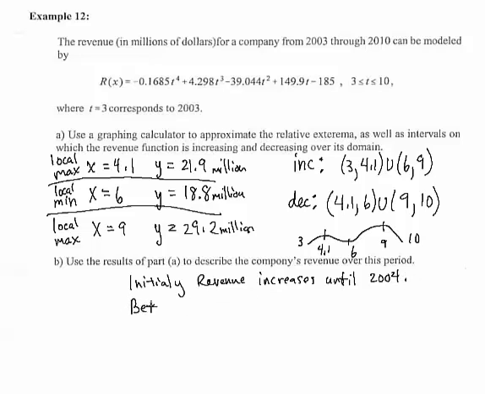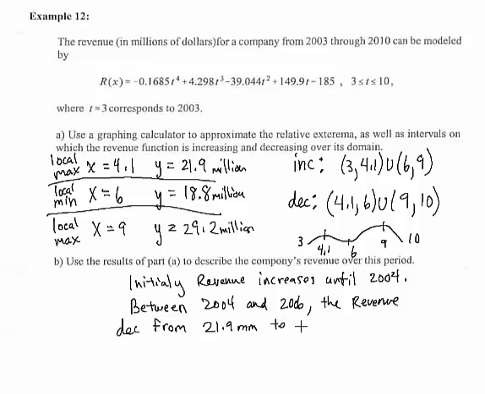We could say between 2004 and 2006, the revenue decreases from, let's see, 21.9 million to 18.8 million.